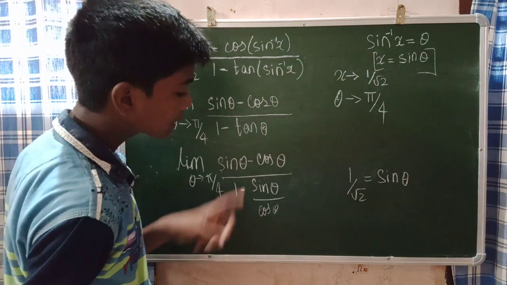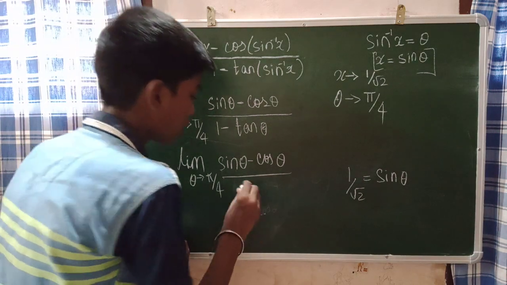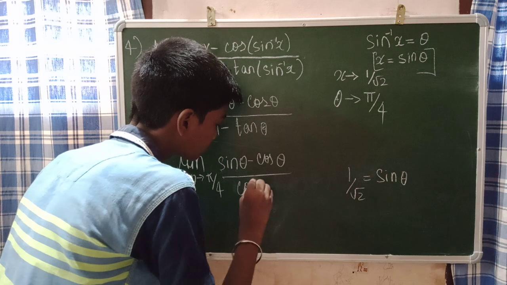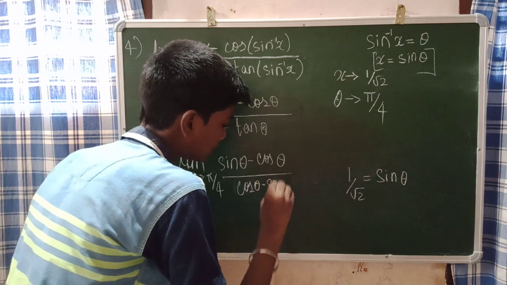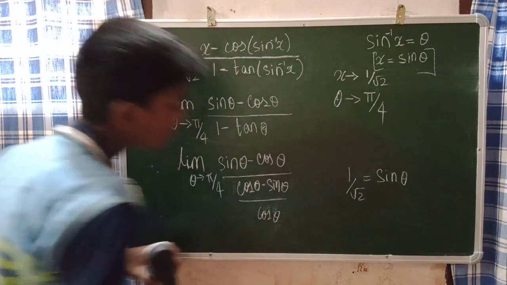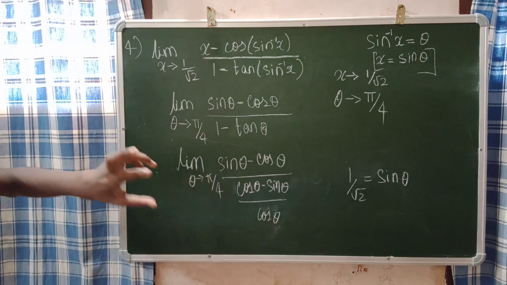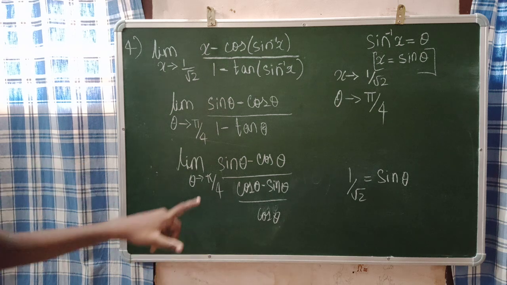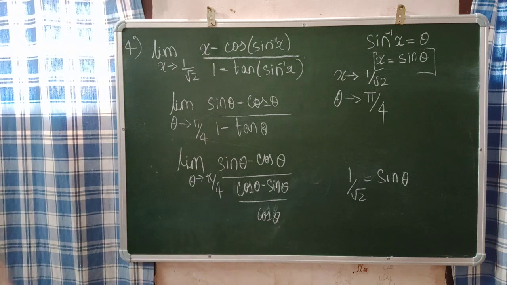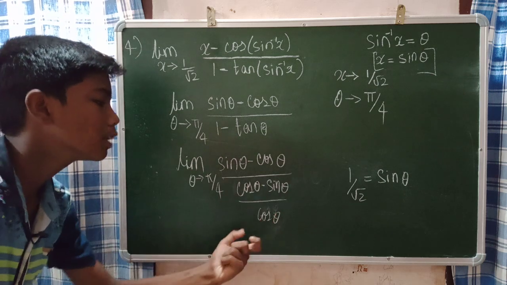When you take it, 1 minus sin theta by cos theta will be nothing but cos theta minus sin theta divided by cos theta. This is what you will get when you simplify that 1 minus tan theta. Just I took tan theta as sin theta by cos theta, then I took LCM. After this is what you will get in the denominator, that is cos theta minus sin theta by cos theta.